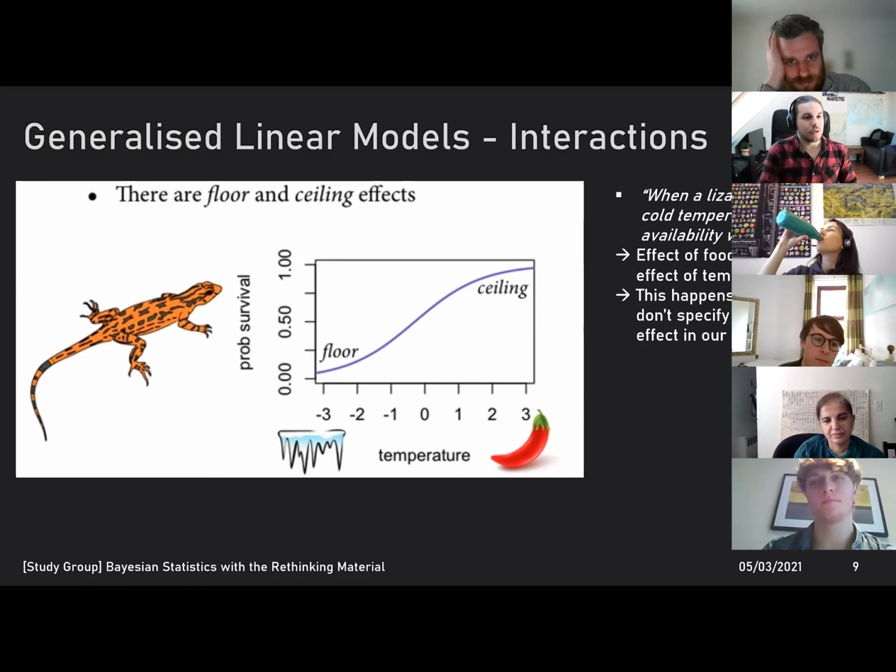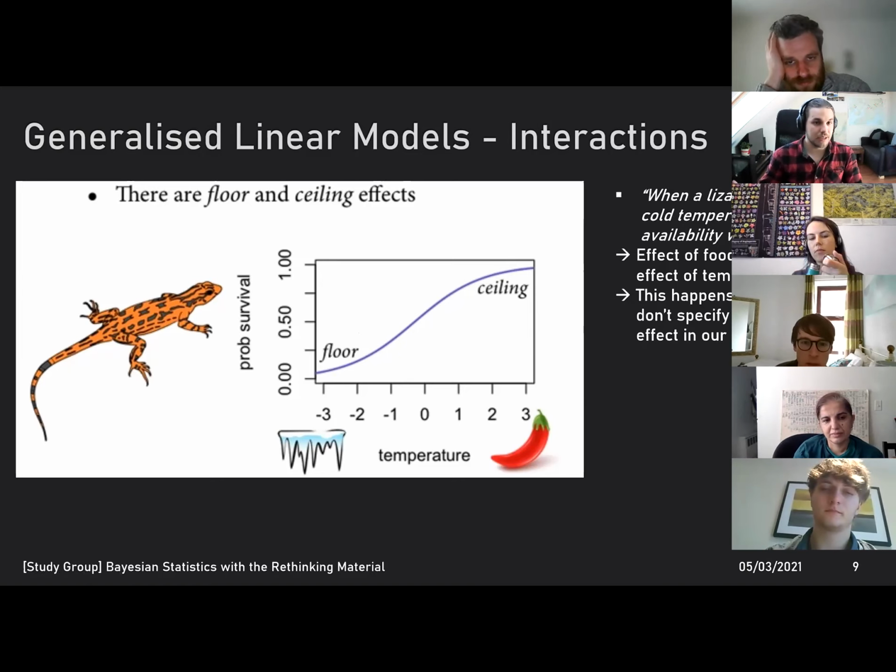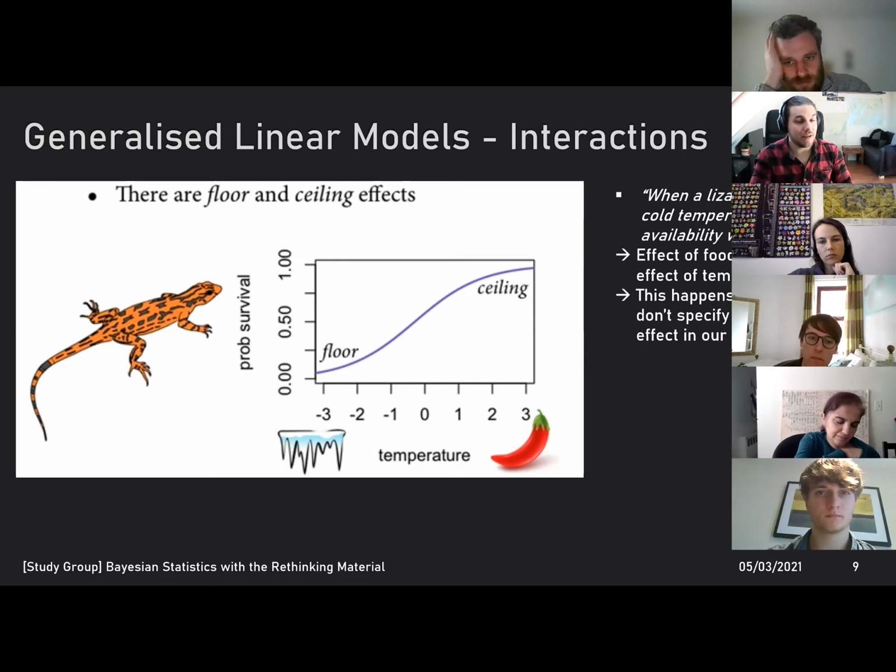Now, if we were to model the effect of temperature and diet or food availability on that lizard, with survival as the outcome, then even though food will probably have a beneficial impact on the survival probability of our lizard, at a certain point it gets so cold that all of our lizards just die and food will not benefit them anymore.